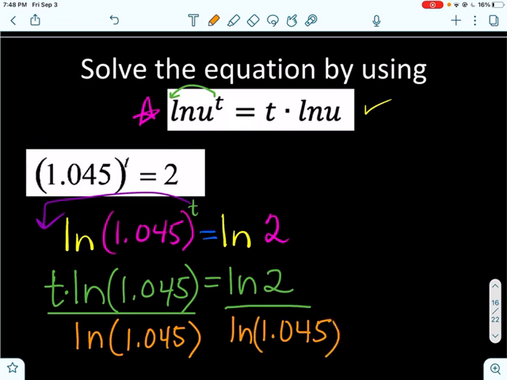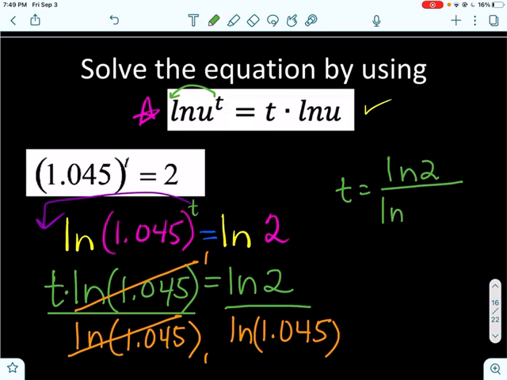Okay, and so then we're going to take our calculator out. This is going to cancel over here. These are going to be 1s. So we get t is equal to ln of 2 over ln of 1.045. So I'm going to take a calculator with that, and you have to be careful that you close your ln expression.